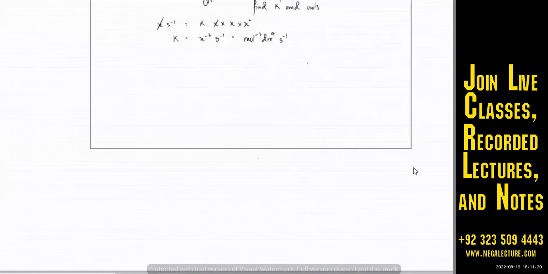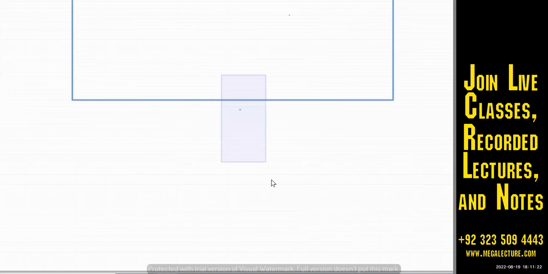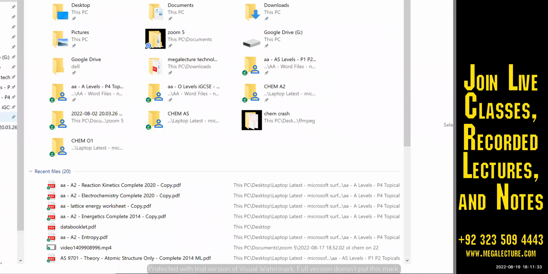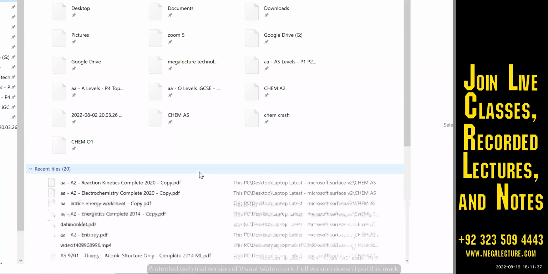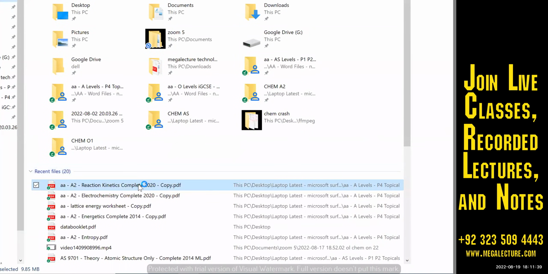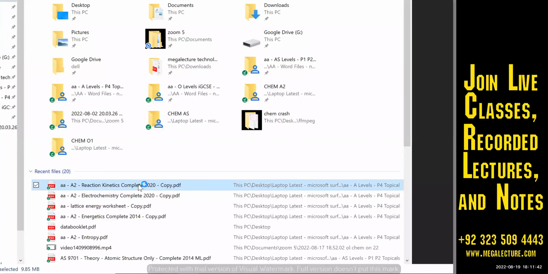So last time, we tried to figure out how the order of the reaction varies, and we'll do some past paper questions. Just 1 second, let me open some.